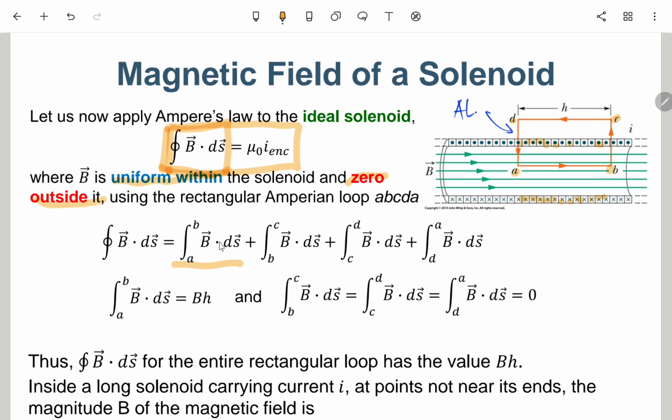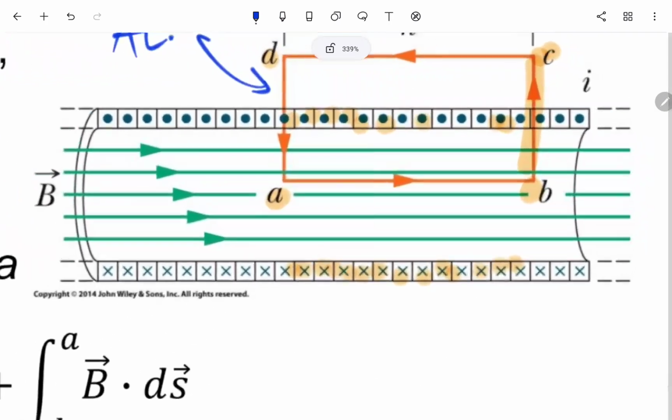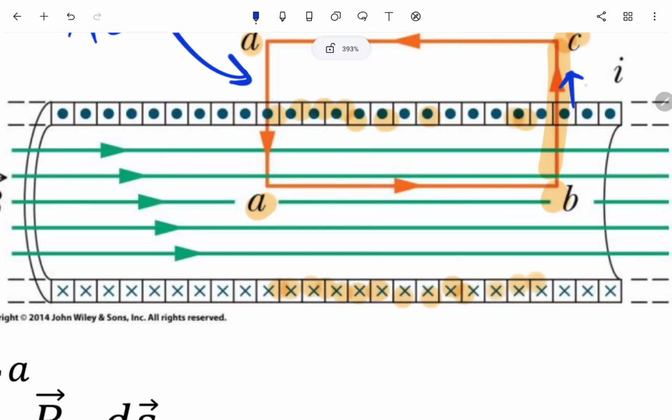Let's look at B to C: here ds is pointing upward, and the B field is pointing to the right or is 0, so B dot ds is always 0.